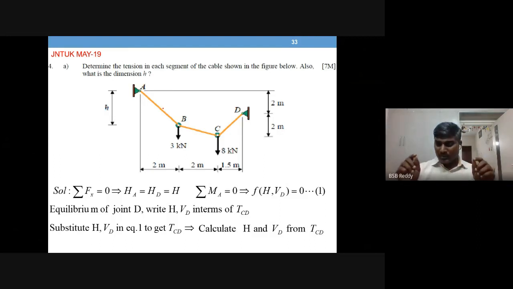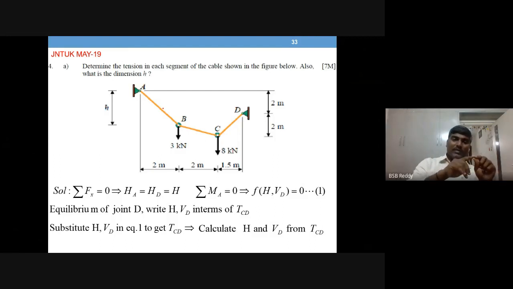See, if the supports are at the same level and you take moment equation at one support, the H component of the other support is going to pass through this support.